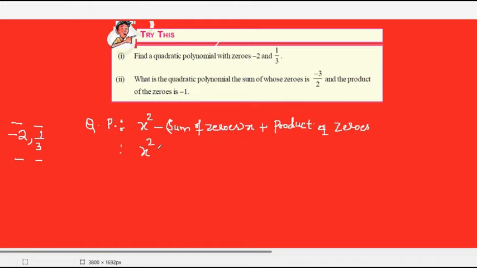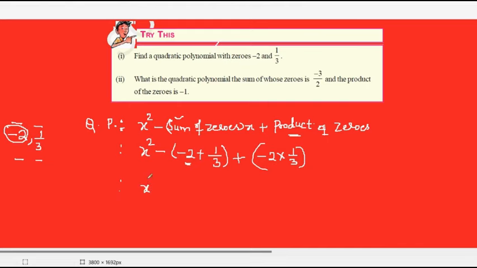Let's do that one. x square minus sum. Sum means addition. In formula minus is there. Sum of zeros. One zero is minus 2, and plus I am doing because we have to do sum. Other zero is 1 by 3. Plus product of zeros, product means multiplication. The two zeros should be multiplied, minus 2 and 1 by 3.